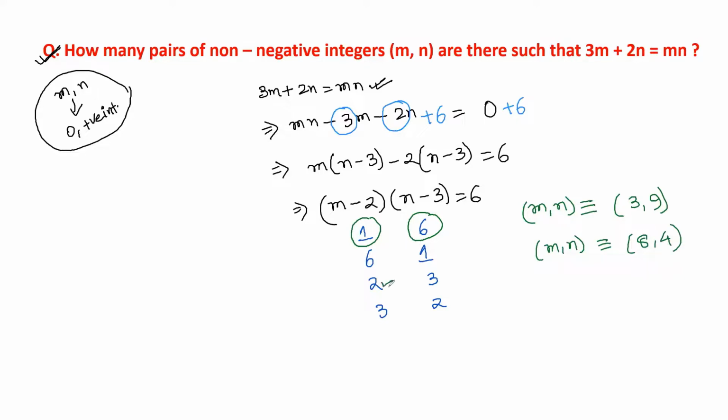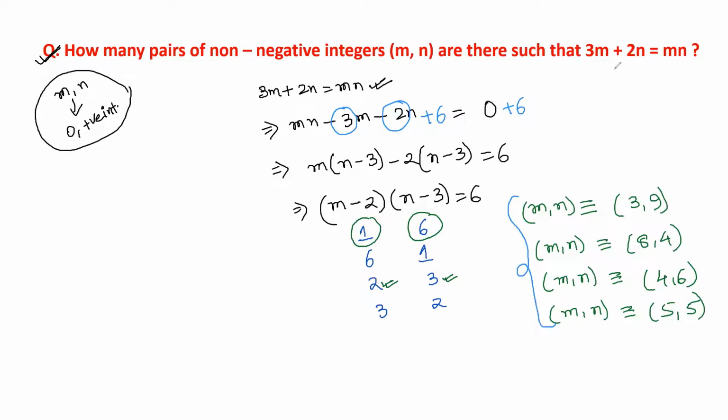When m minus 2 is 2 and n minus 3 is 3, the pair mn would be 4 and 6. And when m minus 2 is 3 and n minus 3 is 2, the pair mn would be simply 5 and 5. So when we consider the positive factors of 6, there are 4 pairs of m and n such that 3m plus 2n is equal to mn.